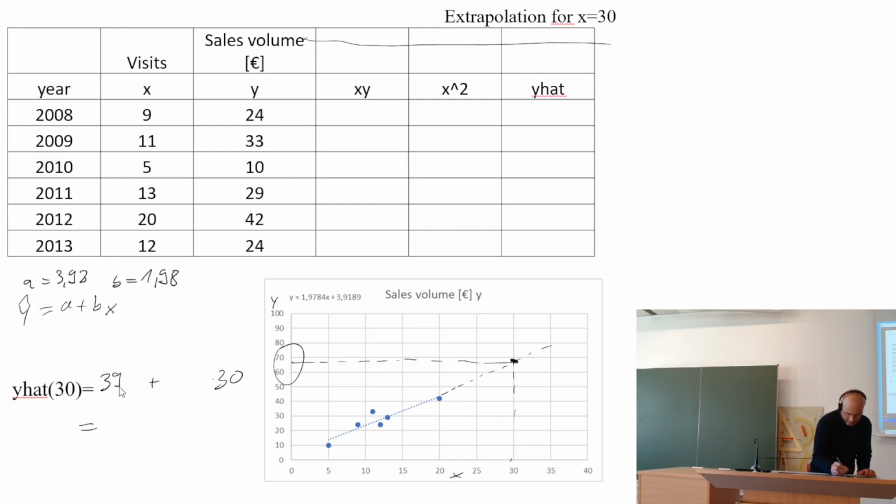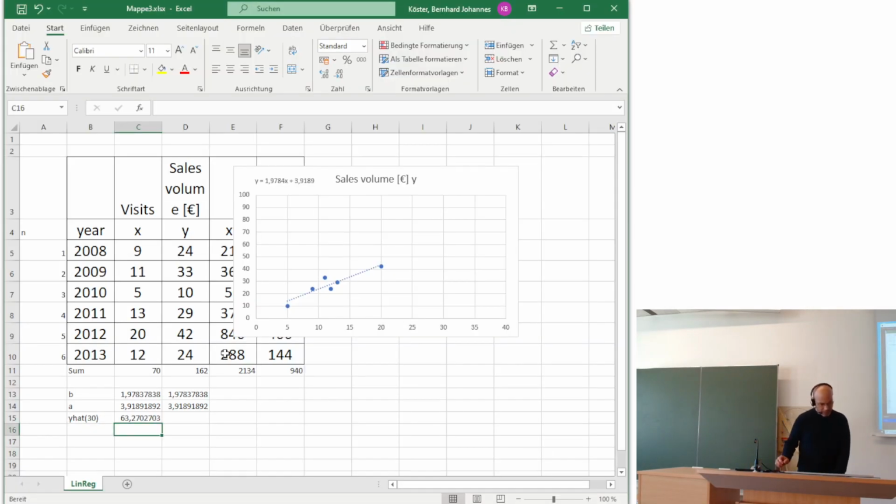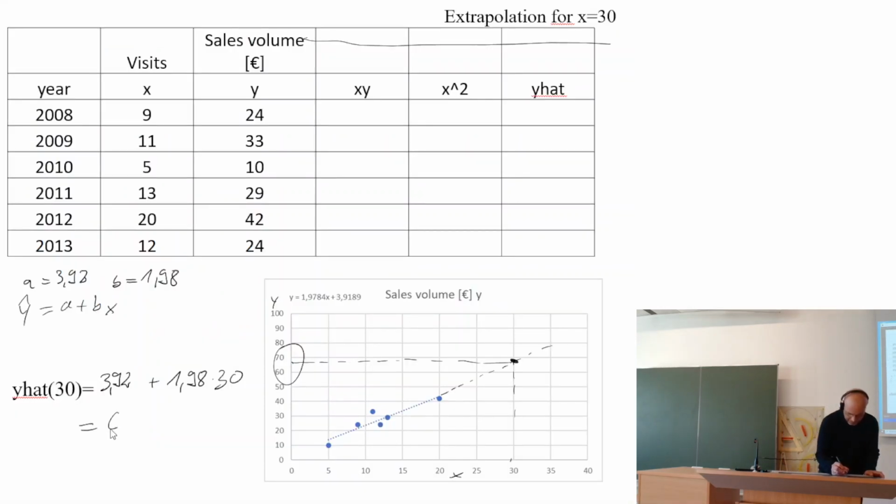So 3.92, 1.98, and then 63.27. So this would be 63.27.